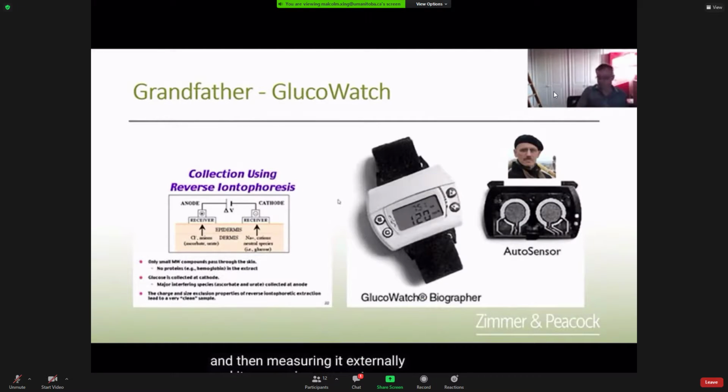It was a nice concept. They did get it on the market, but they didn't stay on the market. But that would be the kind of grandfather of probably a lot of wearables, definitely one of the grandfathers of wearable biosensors and actually of continuous glucose monitoring.